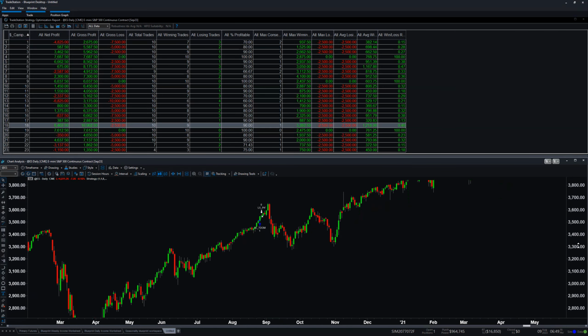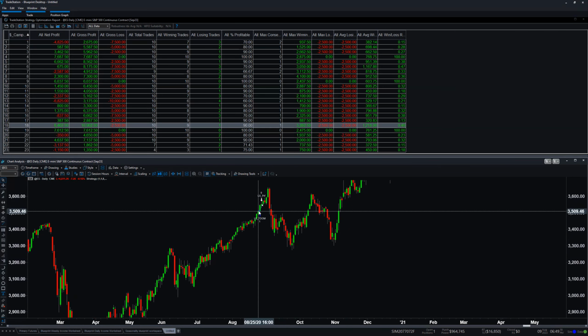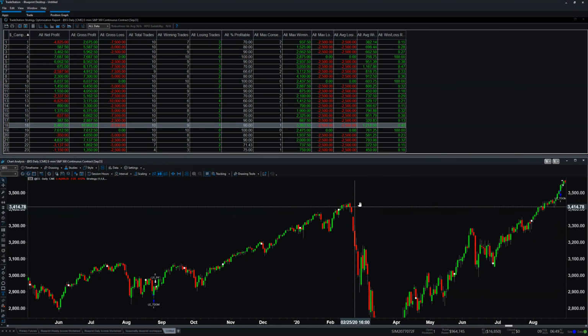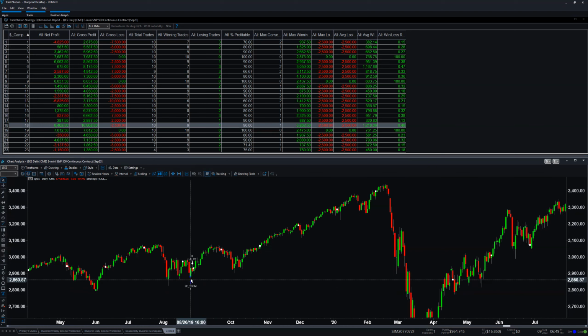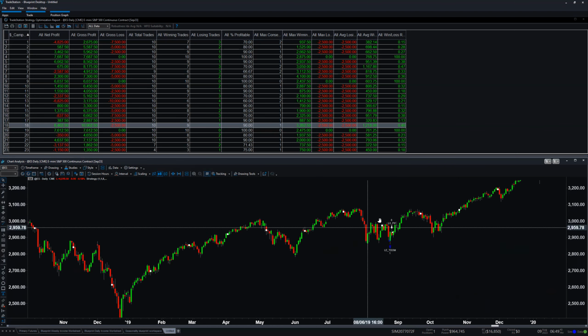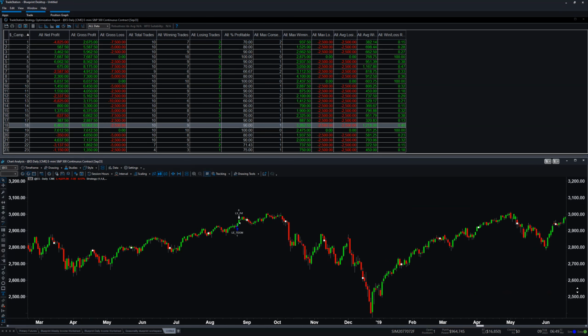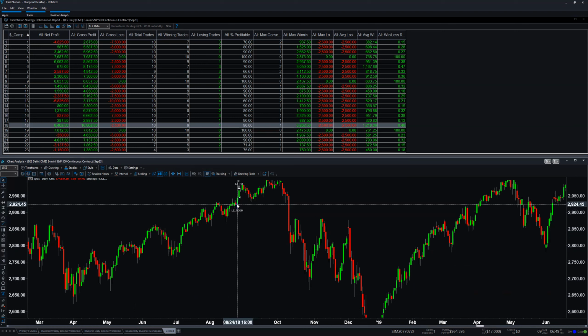We don't know that yet, right? Also here, pretty solid green candle. Also here, a pretty solid green candle. Also here, a pretty solid green candle. So why is it that way?